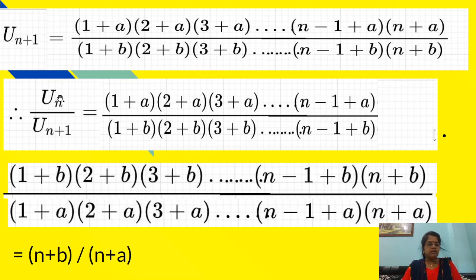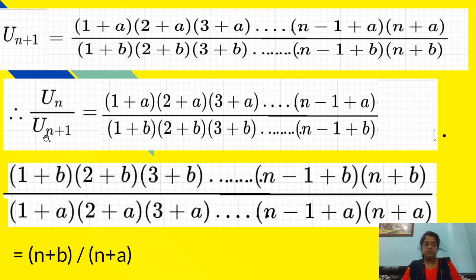Now we will find un upon un plus 1. First we will write the value of un, which is 1 plus a into 2 plus a into 3 plus a dot dot n minus 1 plus a divided by 1 plus b into 2 plus b into 3 plus b dot dot n minus 1 plus b.